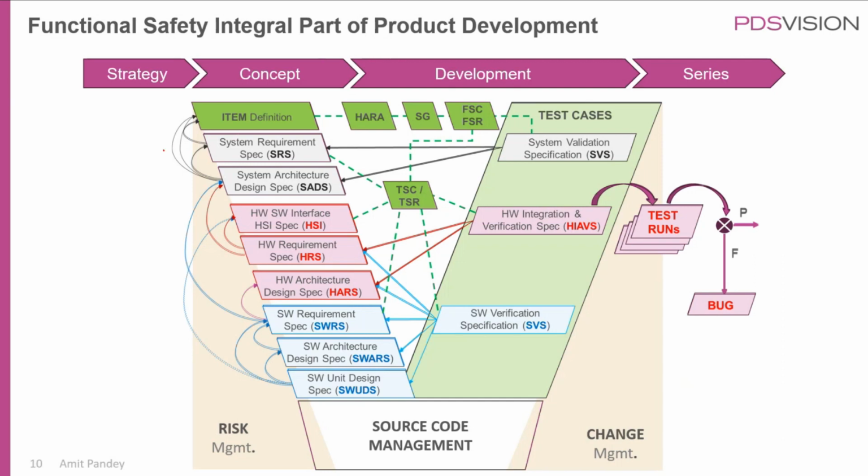Now, when it comes to functional safety, as you see here in the product development, it goes in the V model like this. But having said that, we talked about item definition, we talked about HARA, then from HARA you derive safety goals, and from safety goals you define the functional safety requirements, and then you define the technical safety requirements.